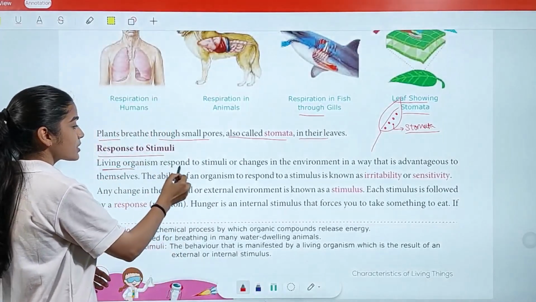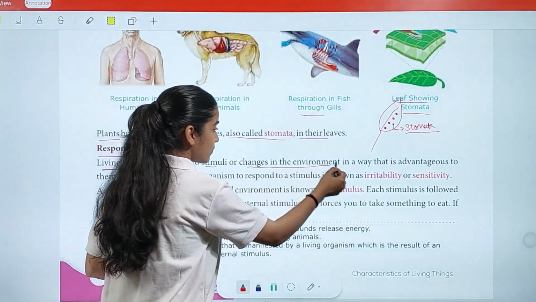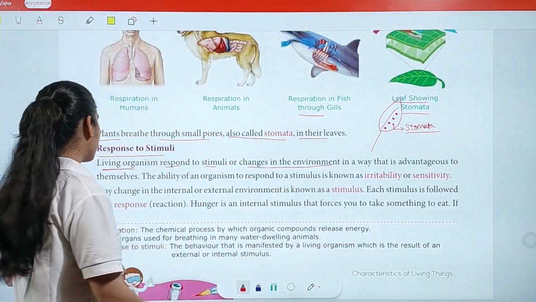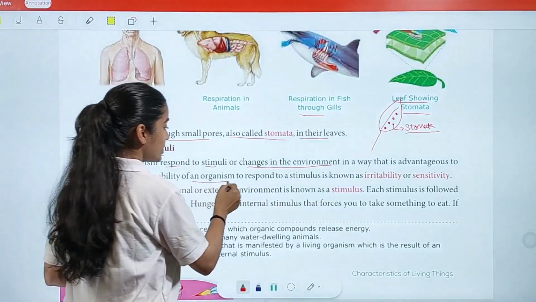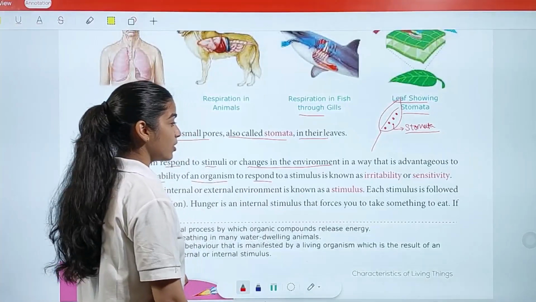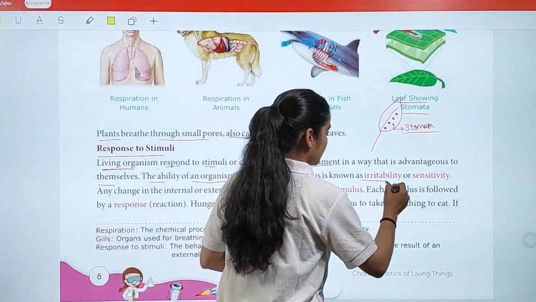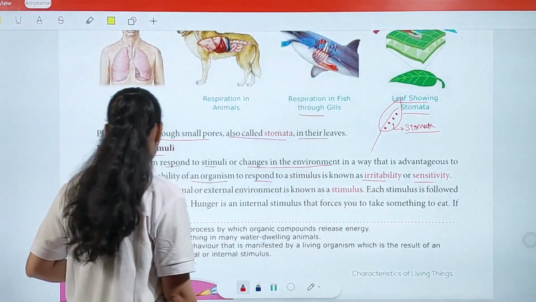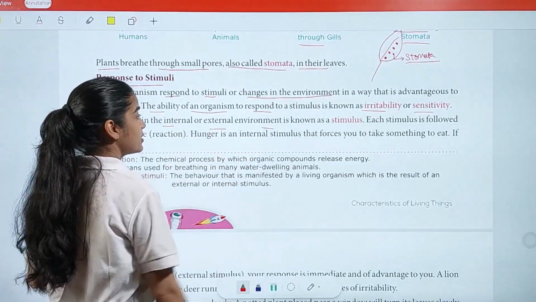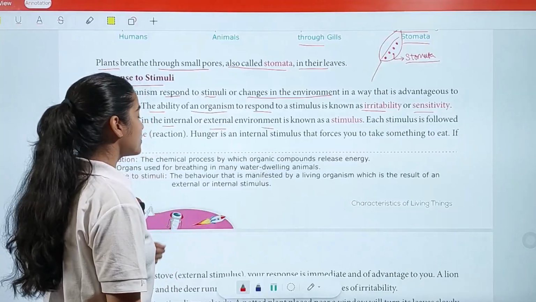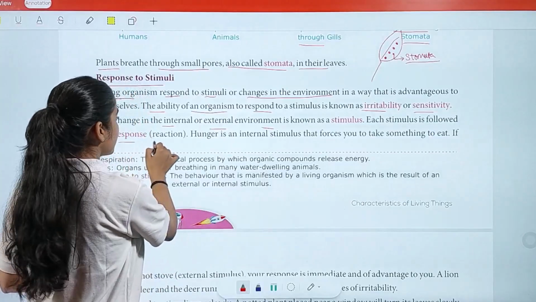Living organisms respond to stimuli or changes in the environment in a way that is to their advantage. The ability of an organism to respond to a stimulus is known as irritability or sensitivity. Any change in the internal or external environment is known as a stimulus. Each stimulus is followed by a response, a reaction.